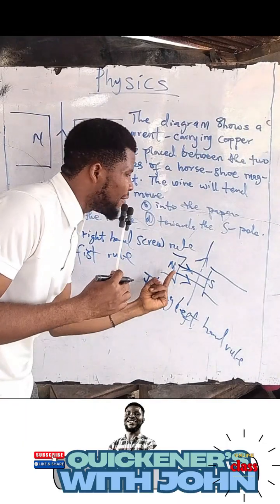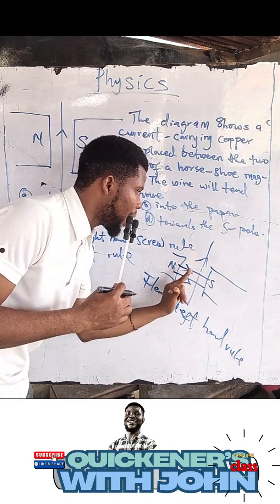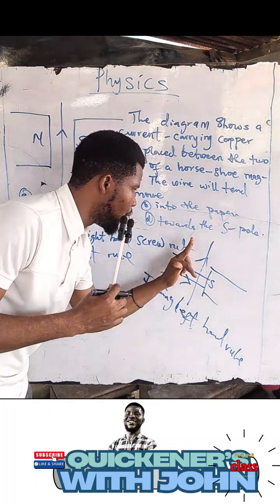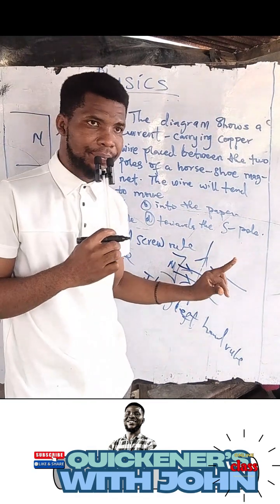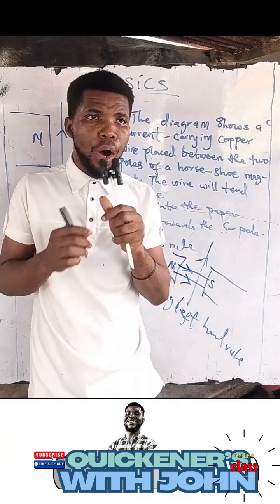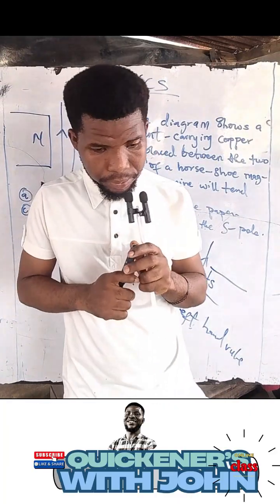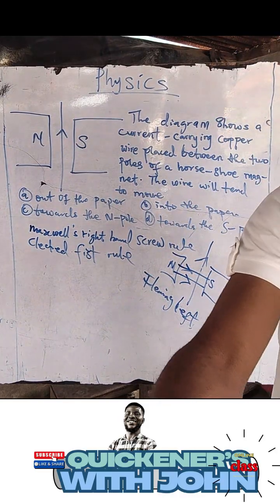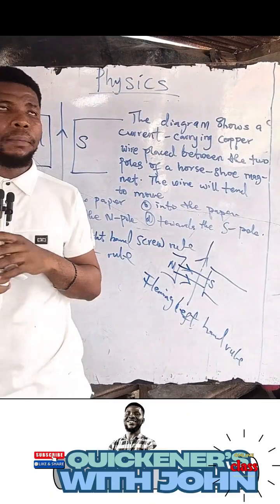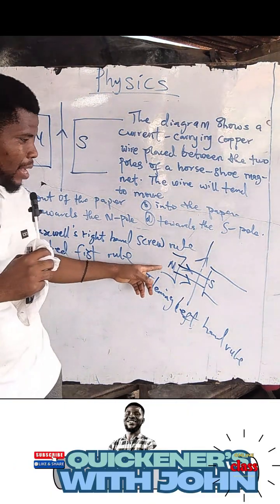So if we have current going this way and magnetic field going this way, can you see? Current is going upward, magnetic field is going this way. So what do you discover? The motion will go in the direction of the thumb. Are you with me? So as we're saying, we determine the motion when we have a magnetic field and a current.